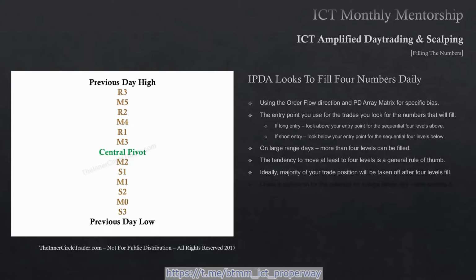Ideally, the majority of your trade position will be taken off after 4 levels are filled. Always leave a portion on for the potential for a large range day if time permits it.